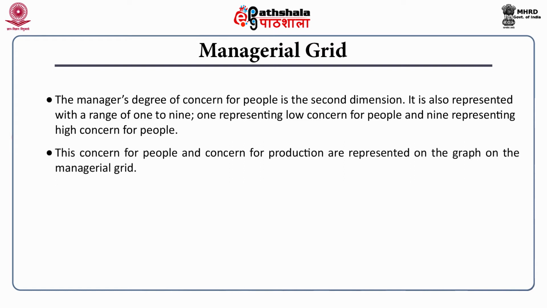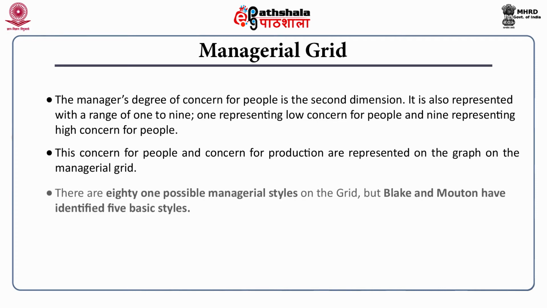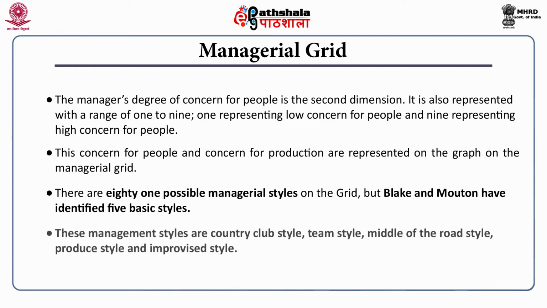This concern for people and concern for production are represented on the graph of the managerial grid. There are 81 possible managerial styles on the grid, but Blake and Mouton have identified 5 basic styles. These management styles are country club style, team style, middle of the road style, produce style, and impoverished style.